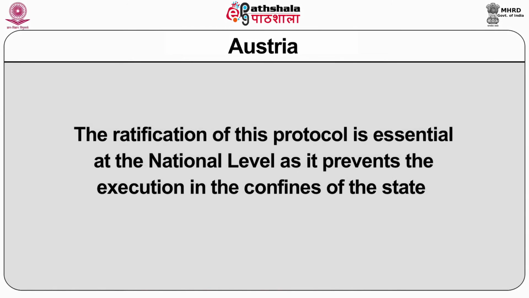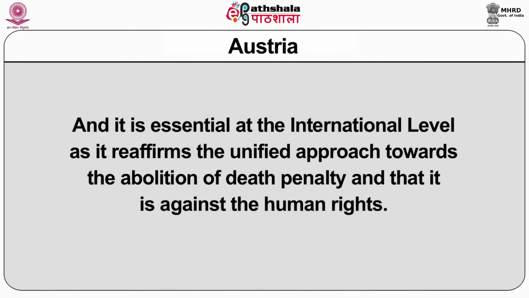The ratification of this protocol is extremely essential at the national level, as it prevents the execution in the confines of the state, and it is essential at the international level as it reaffirms the unified approach towards the abolition of the death penalty, and that it is against human rights and violates them adversely.